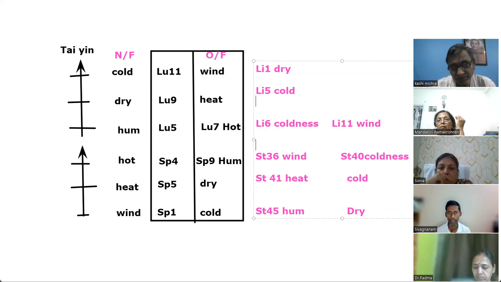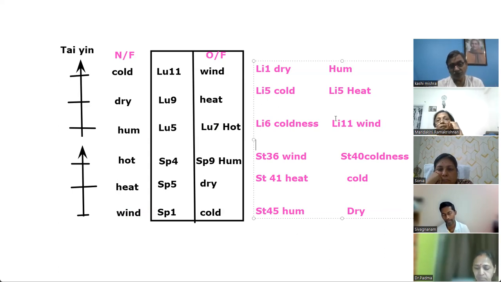Then LI 5. What will this be? Heat. Yeah, heat point. And this will be LI 1, which will be hotness. Humidity.